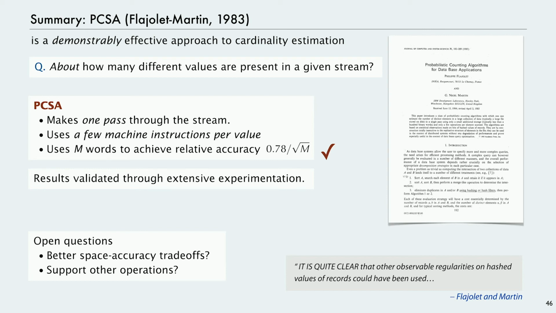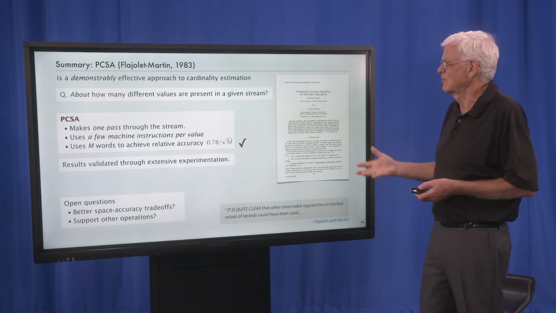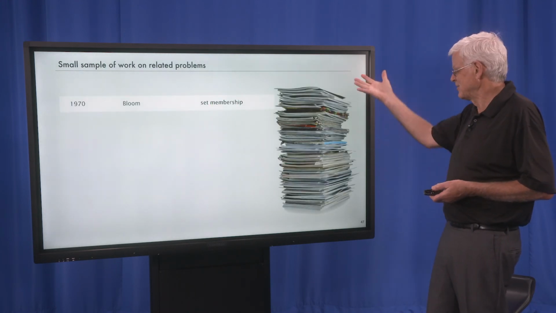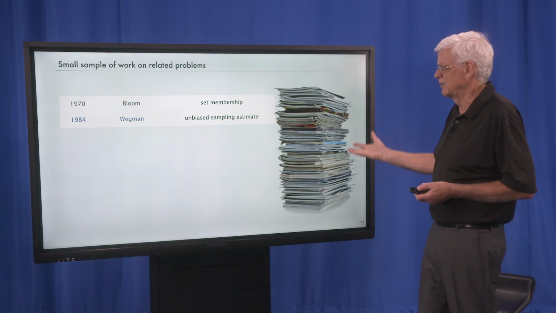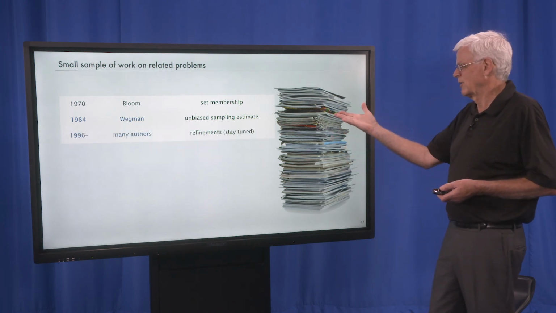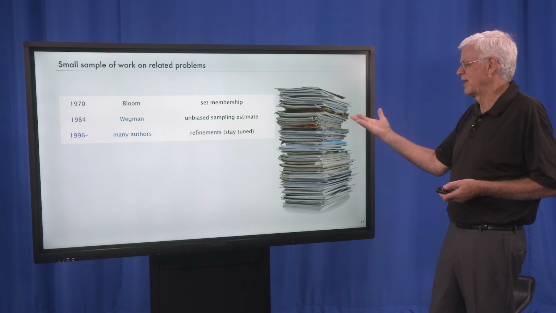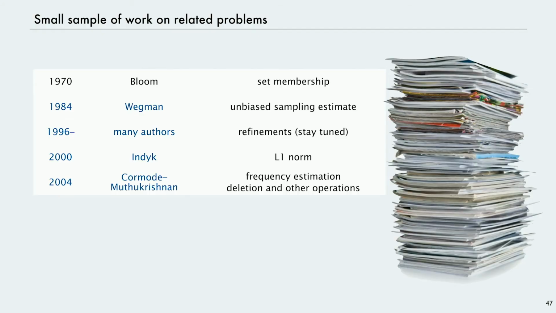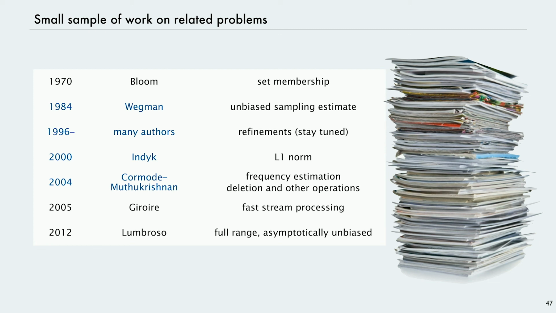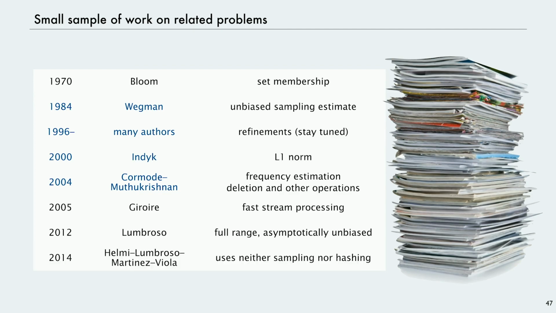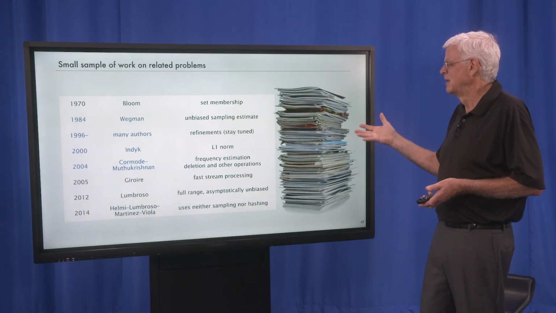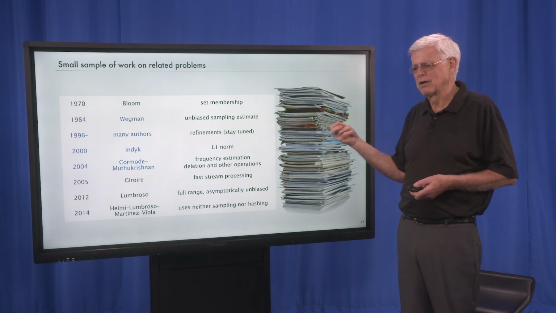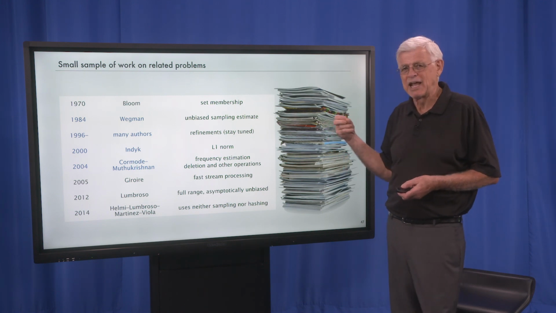It's important to recognize this because this paper really founded an area of research that has seen a huge amount of work on similar problems. We're going to talk in the next segment about a lot of different refinements. These types of papers are just examples of literally the hundreds of papers that have been written on data streaming algorithms, all starting from the Flajolet-Martin probabilistic counting with stochastic averaging research.